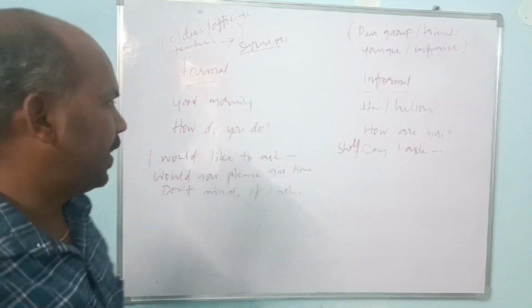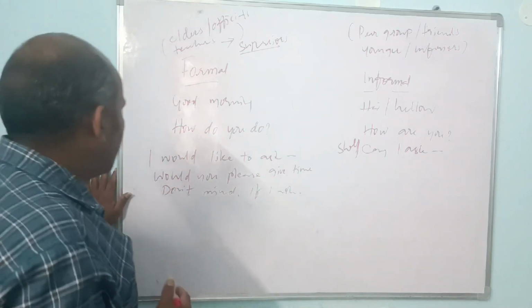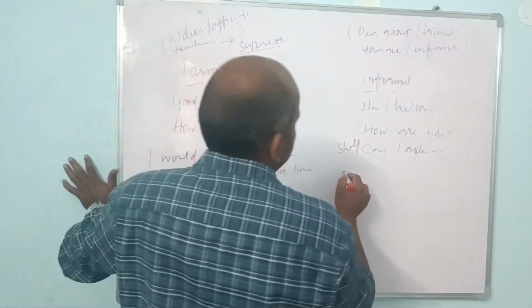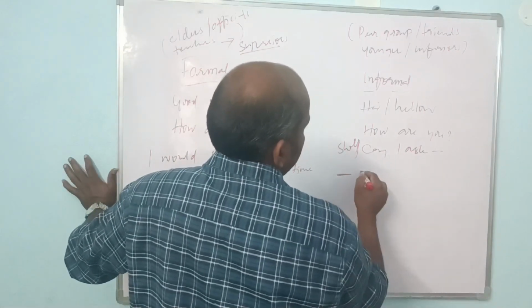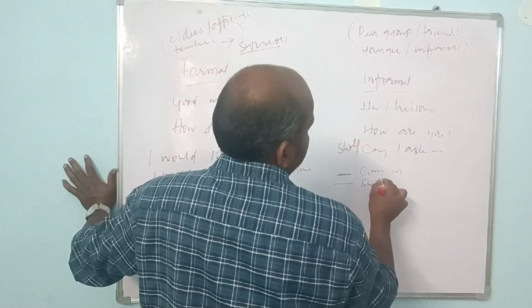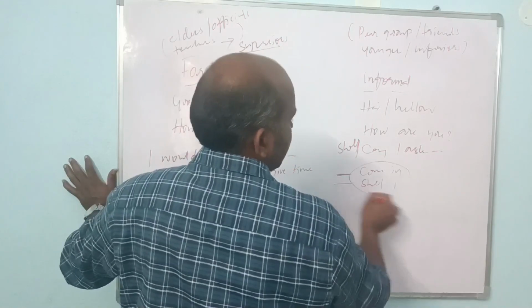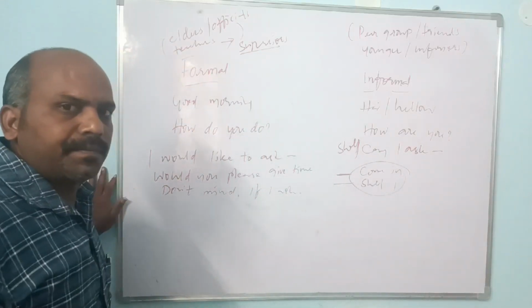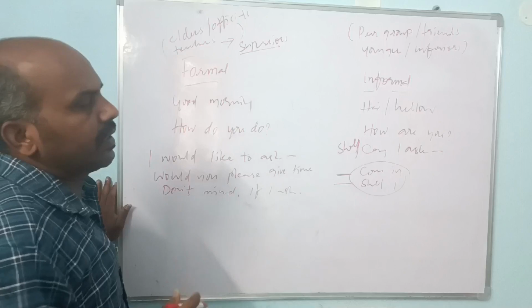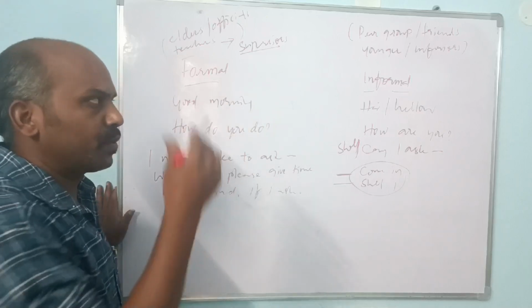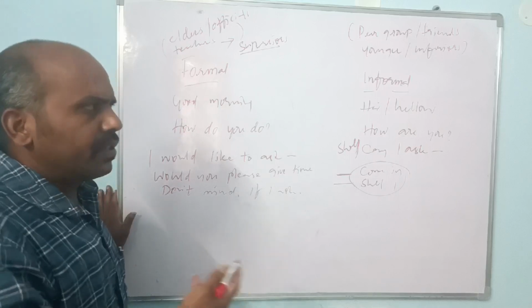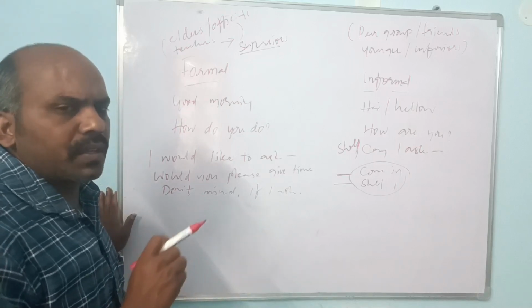So if you are going to meet them, there we directly ask, come in, or shall I? We ask directly because we don't need to show very great respect to them: they are younger than us, they are in the same group, they are our friends, they are inferior to us. No need for permission and polite language there.